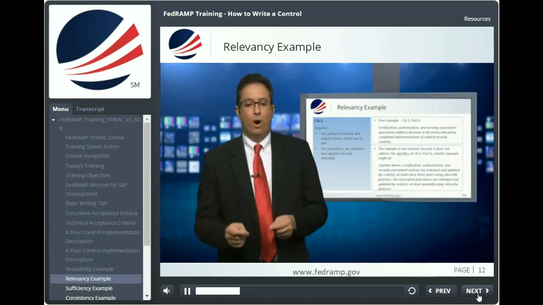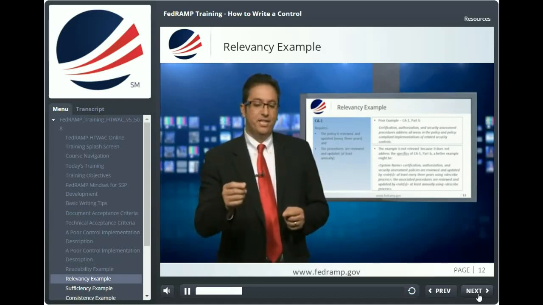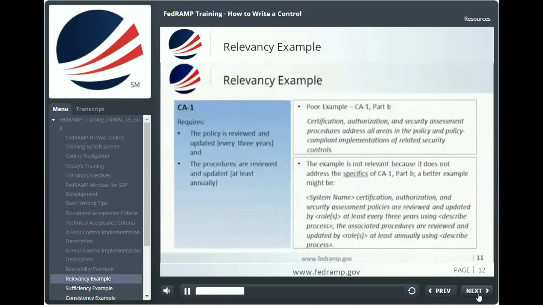So let's take a look at why this CA-1 Part B is a poor example. Certification, authorization, and security assessment procedures address all areas in the policy and policy-compliant implementations of related security controls. Well, this example simply isn't relevant because it does not address the specifics of CA-1 Part B. So now a better example might be this.